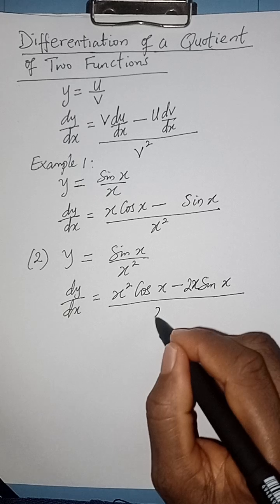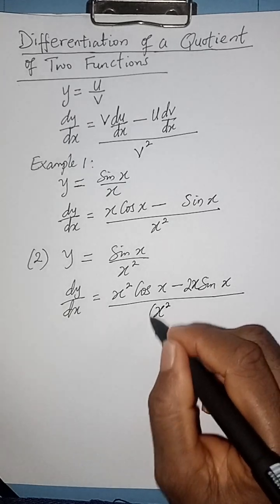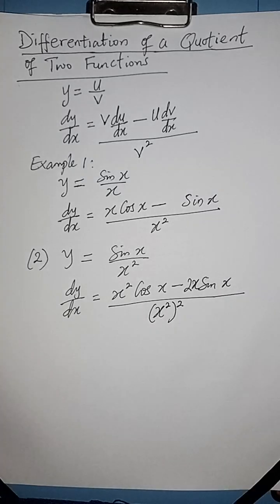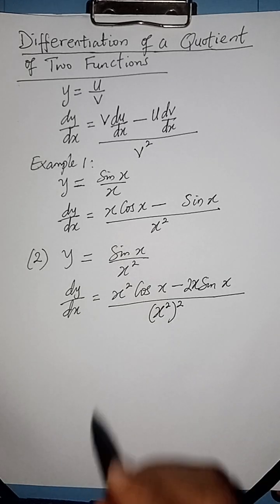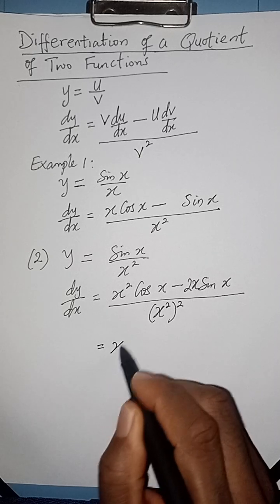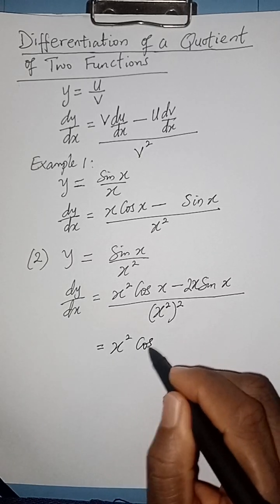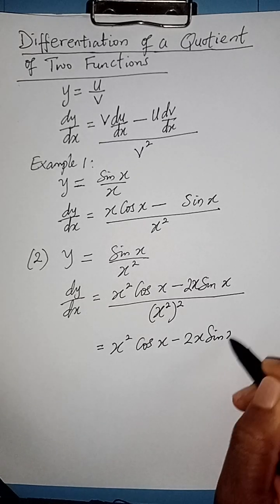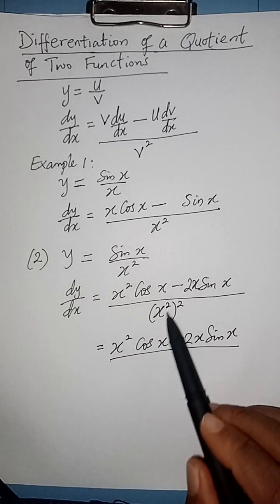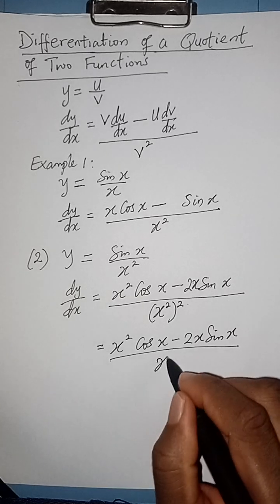And then x squared. Remember, you have to square it. So since x squared is already there, then you square whatever is there. So this gives you x squared cos x minus 2x sine x over x raised to the power 4.